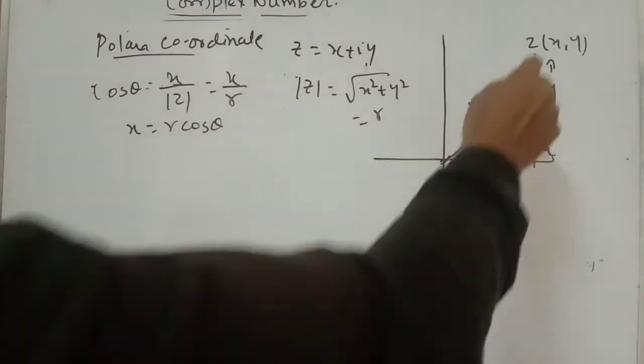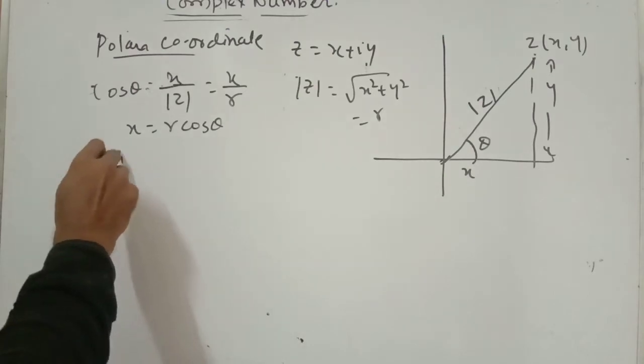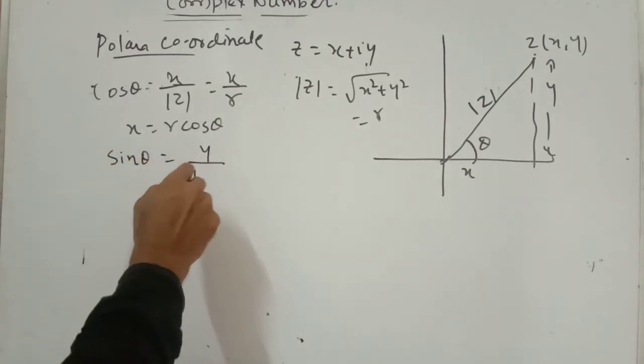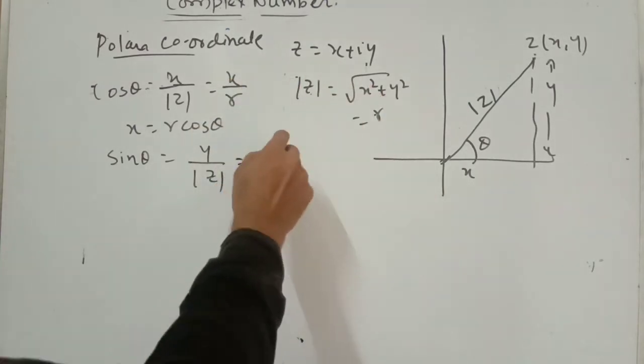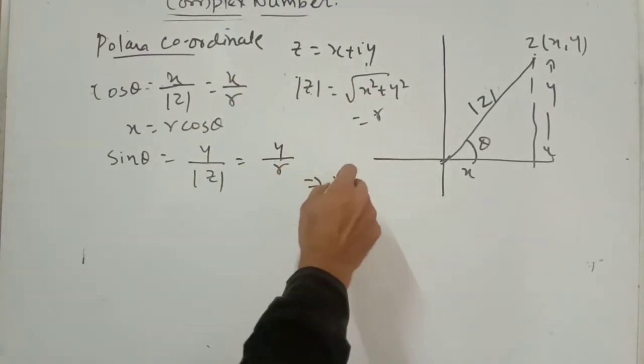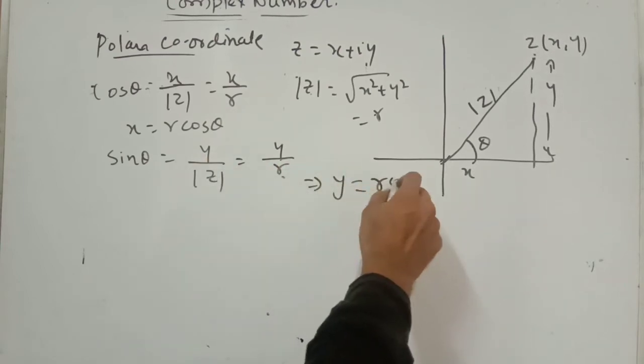Similarly, sin theta is y by the modulus of z. Already we considered mod z equal to r, so y by r, so y equals r sin theta.